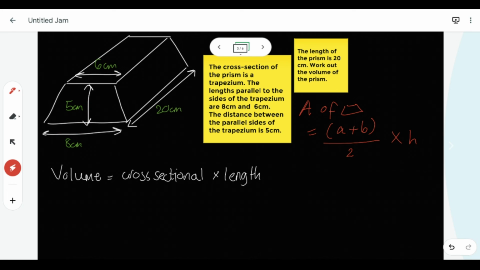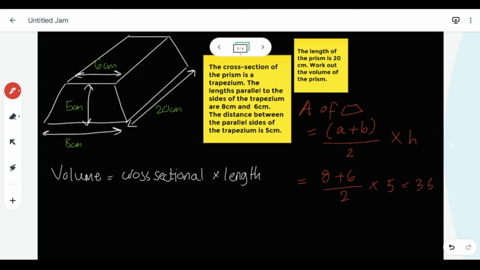So all we do is put these numbers into the formula and we should be able to get an answer. 8 plus 6, which is 14. 14 divided by 2, which is 7. And times by 5, which is 35.